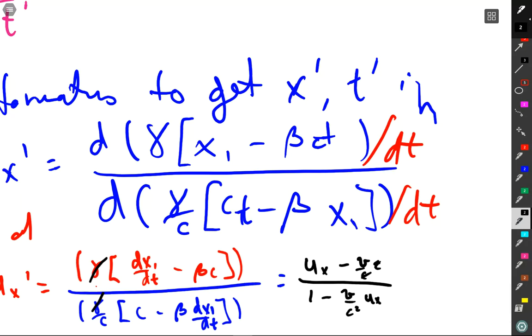So you're going to have ux and uy for the perpendicular velocity addition. So it's a pretty straightforward thing. If you know how to do the first one, you can definitely do the second one because it's easier. Any questions about the perpendicular velocity addition or the parallel velocity addition?